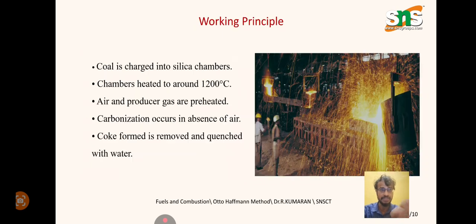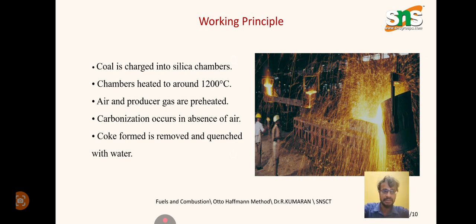That's very important here. So, the working principle: coal is charged into silica chambers, and the chambers are heated to around 1200 degrees centigrade. It means the chambers withstand very high heat, 1000 to 1200 degrees centigrade. Then it gives an equal amount of heat energy for the working of the oven.